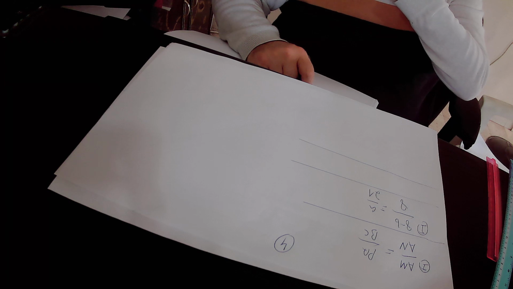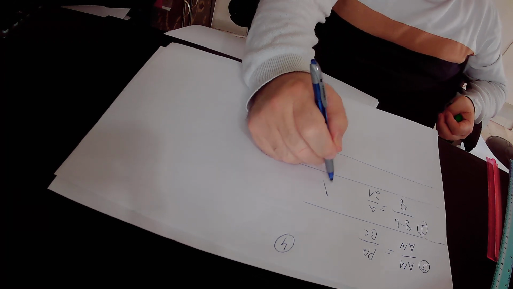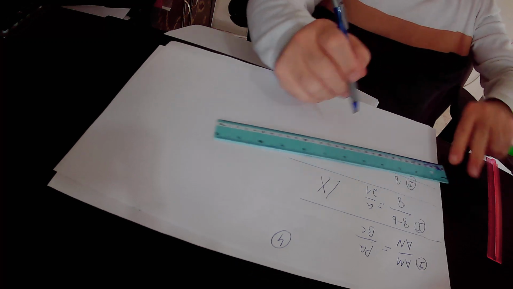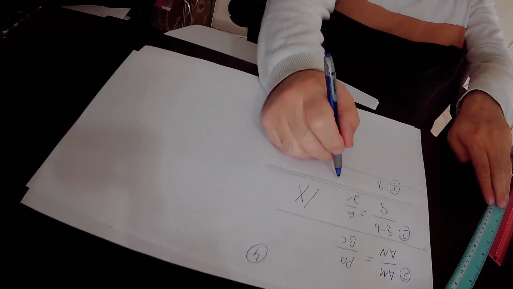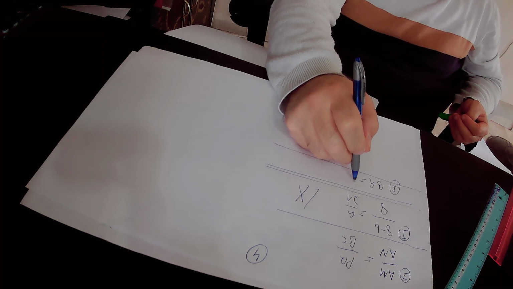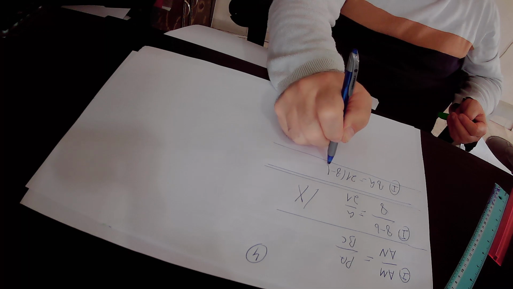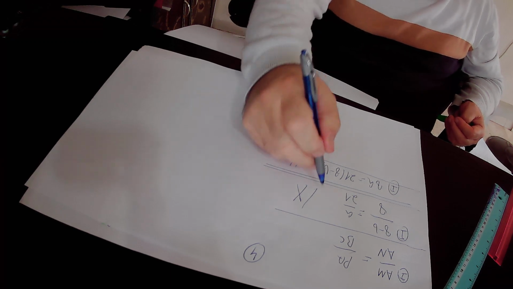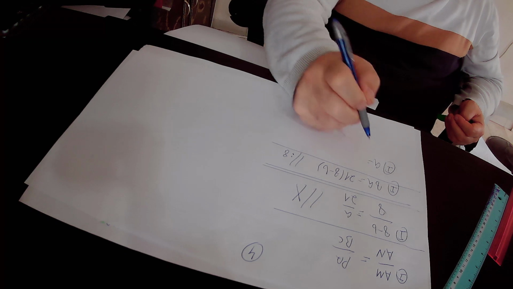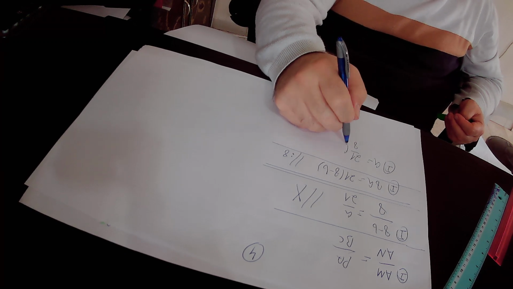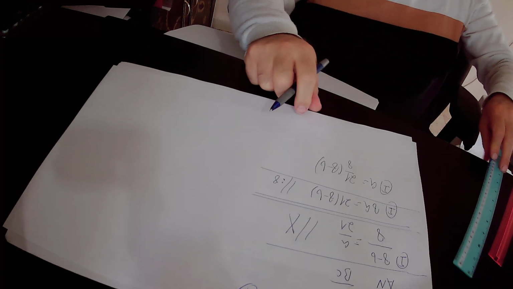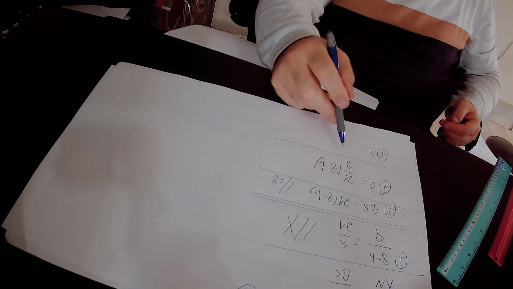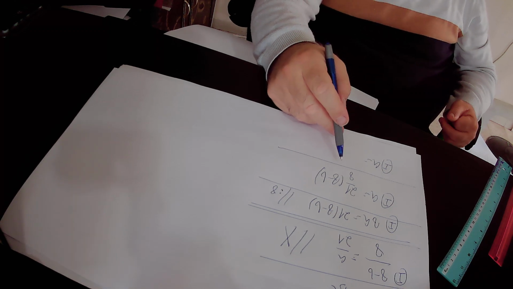So here we cross multiply this equation, equation 1, and we get that 8 times A equals 21 times 8 minus B. So here we divide this equation by 8, and we get that A equals 21 over 8 times 8 minus B. So here we open the brackets on this side of the equation, and we get that A equals 21 times 8 over 8, which is 21, of course.